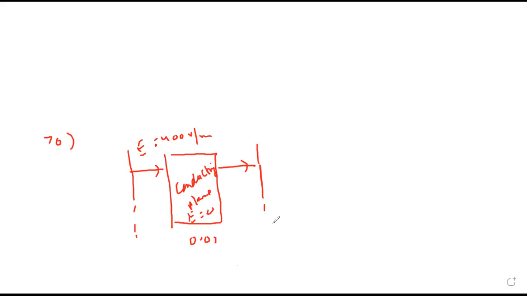The potential V0 is 0. What will be V3? The potential 0.03 to the left of the plane.